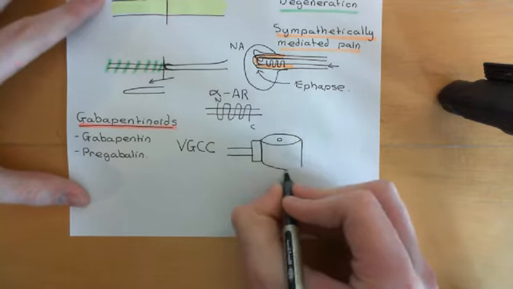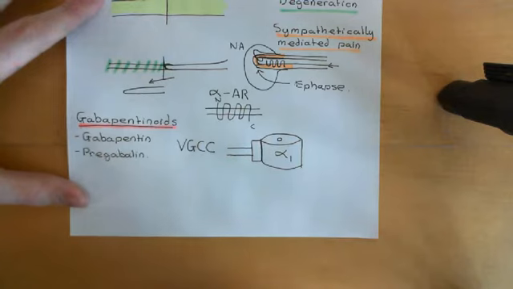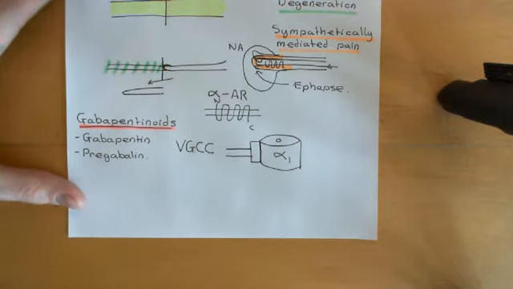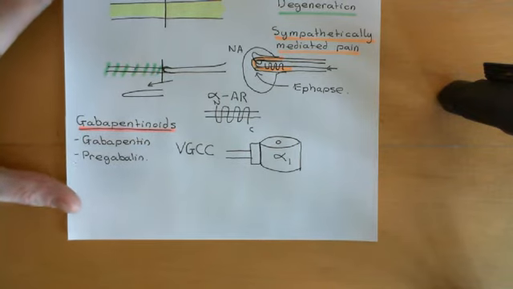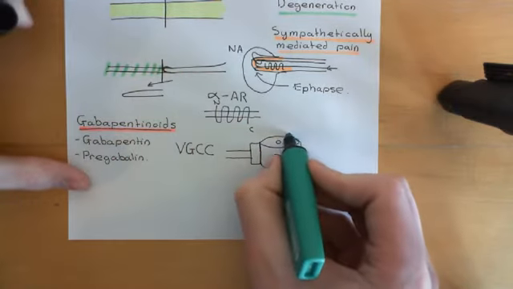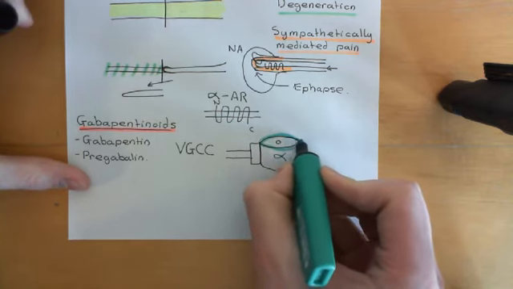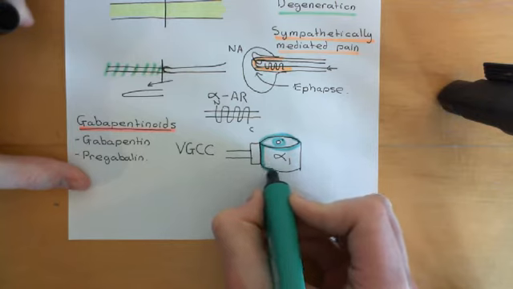Here is the main pore-forming unit of the voltage-gated calcium channel, and this is known as the alpha-1 subunit this time. And again, just like the voltage-gated sodium channels, where the alpha subunit was one enormous protein, the entire pore-forming unit was one enormous protein. In the case of the voltage-gated calcium channels, the alpha-1 subunit, which is the pore-forming unit, is one enormous great protein.